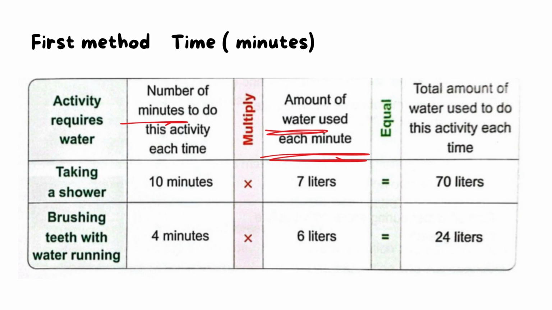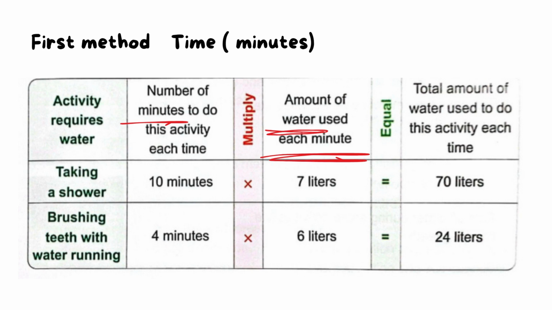So in taking a shower for 10 minutes you used 70 liters of water, and so on. As another activity, brushing teeth, you take 4 minutes, and each minute you use 6 liters. So 4 times 6, you use 24 liters of water to brush your teeth.